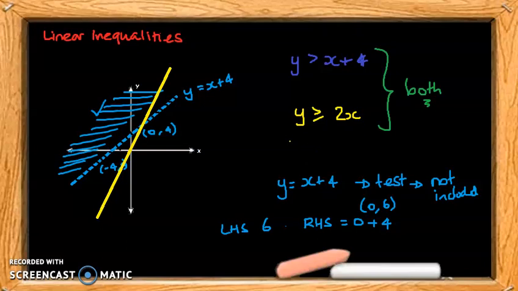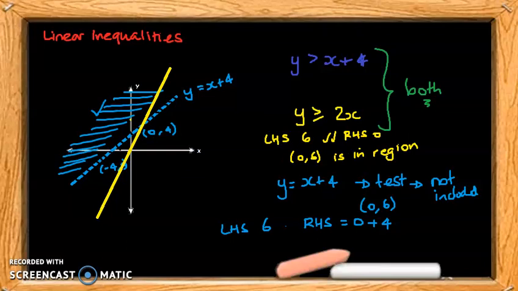If I'm looking at the point 0 and 6, then my left-hand side would be 6. My right-hand side would be 0. 6 is greater than or equal to 0.